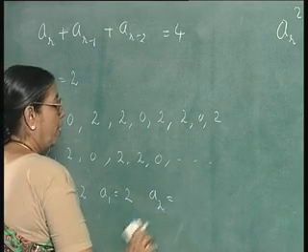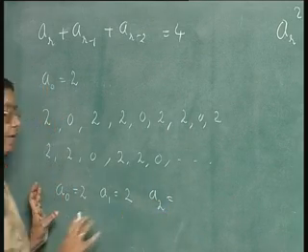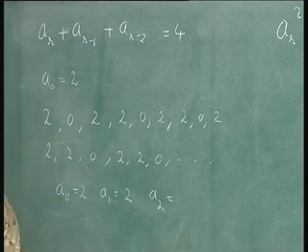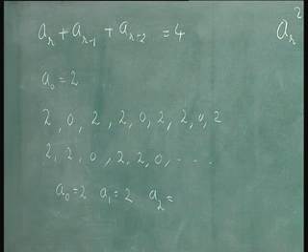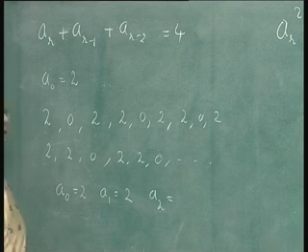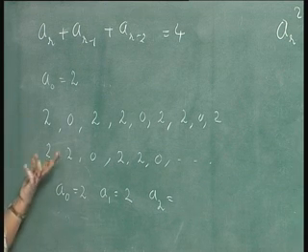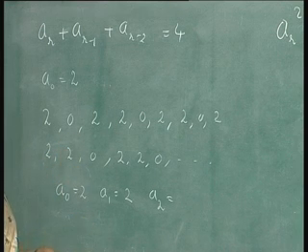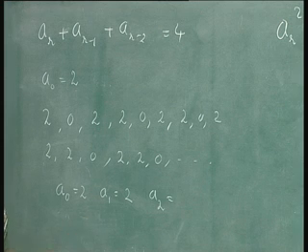If A2 also has to be given, it has to be given satisfying the recurrence relation. If you are given fewer than the required number of values, it is not unique. If you are given more than the required number of values, it has to be properly given, otherwise it may become inconsistent.